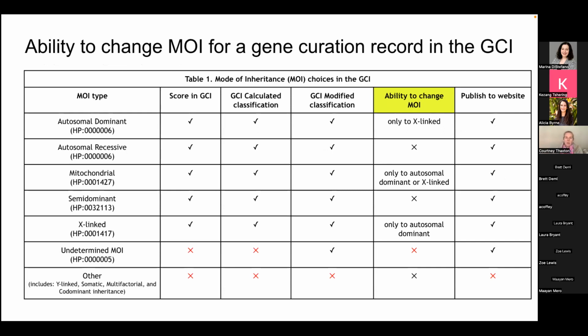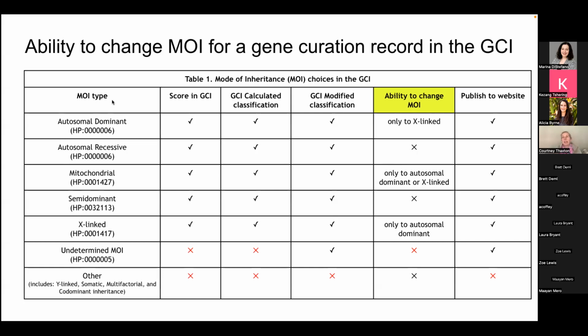In general, we will ask you to be very thoughtful and thorough, especially now having to have a pre-curation record for every gene curation, to make sure that you have the right mode of inheritance when you are selecting that pre-curation and then in the gene curation record and the gene curation interface, or GCI. It is very difficult to change this. It's not something we can easily change. A lot of the modals are tied to this with the scoring, but we do recognize there are a few that could update and change.